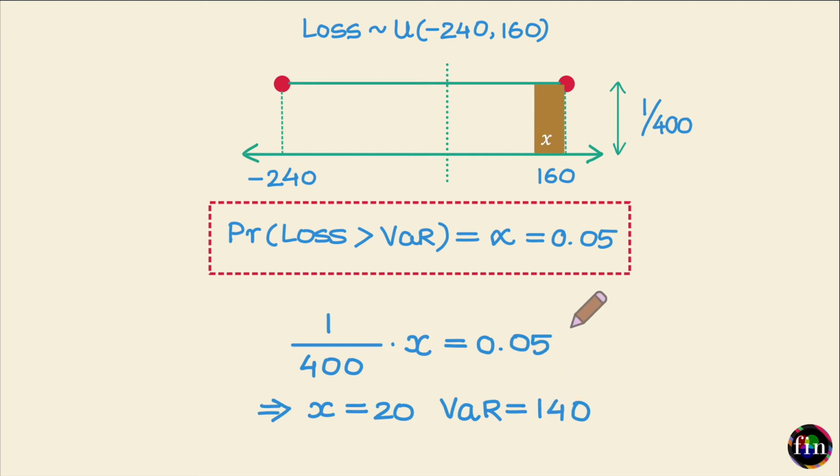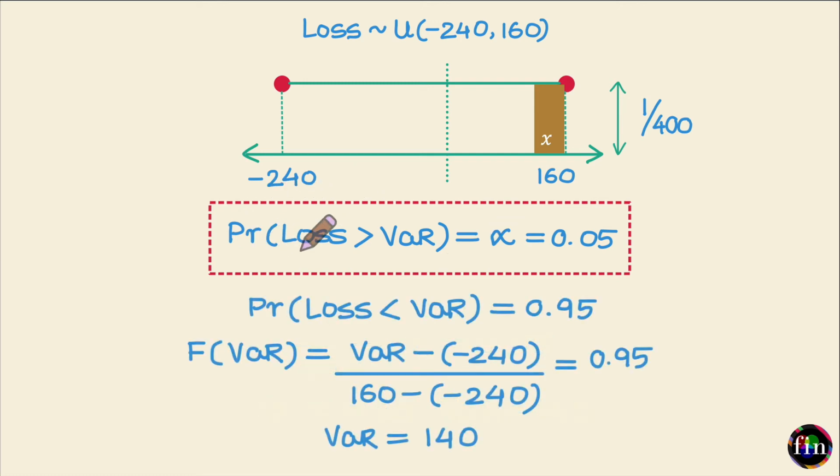Now I can also work out this VAR in a more rigorous, more generic manner, if I were to flip around this probability. If the probability of loss being greater than VAR is 0.05, the probability of loss being less than VAR should be 0.95. The probability of my random variable being less than a specified value is provided by the CDF, the cumulative distribution function of my random variable.